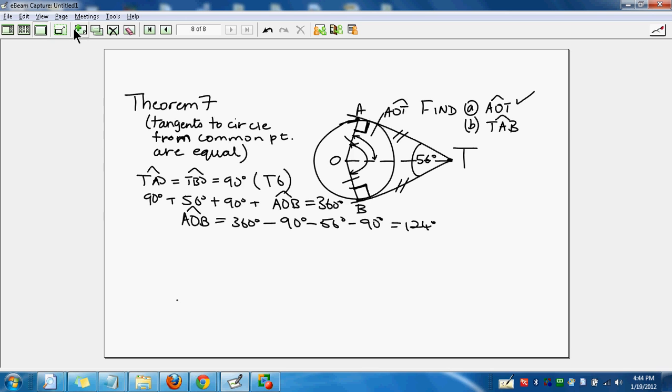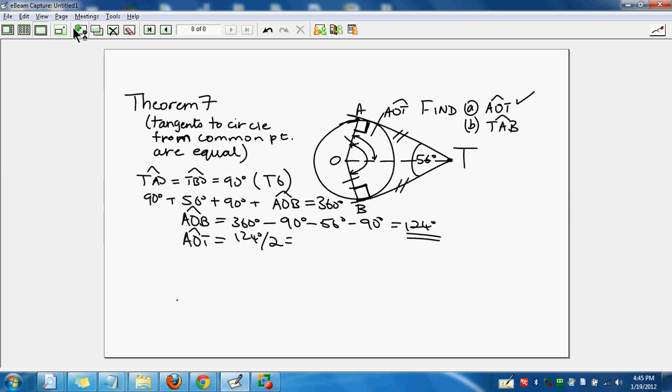It will cut this angle here, AOB, in half. So if AOB we calculated is 124, it means that the angle that they're interested in, AOT, will be half of that. It'll be 124 over 2, and 124 over 2 is 62 degrees.